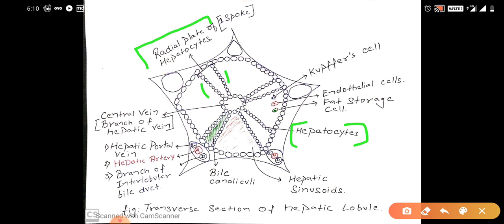It is just like the spoke of the rim of cycle. So in one radial plate, two columns, as you can see, this is one column and this is one column. Two columns of hepatocytes are present.